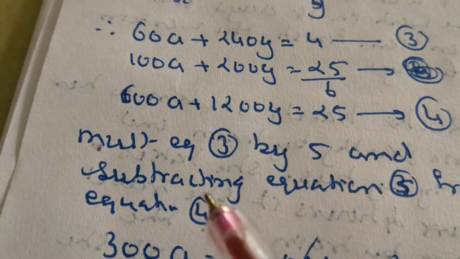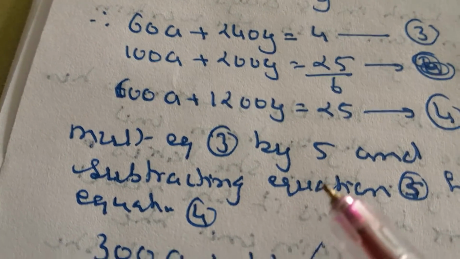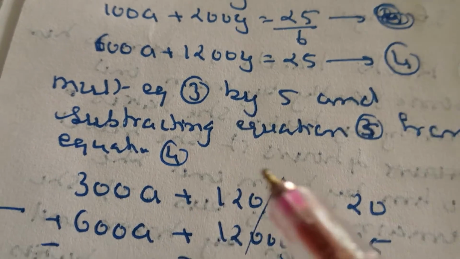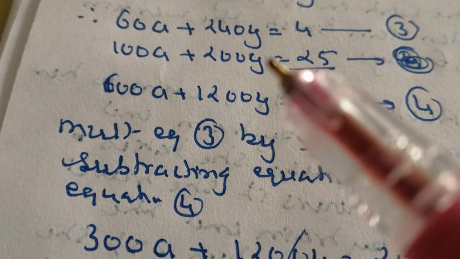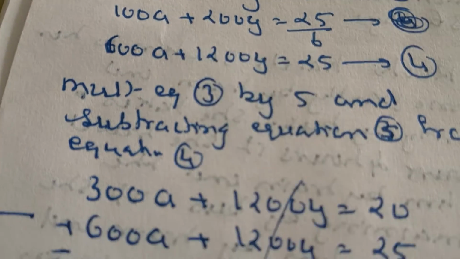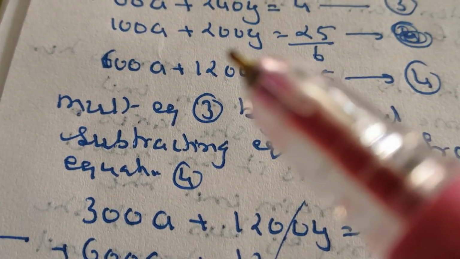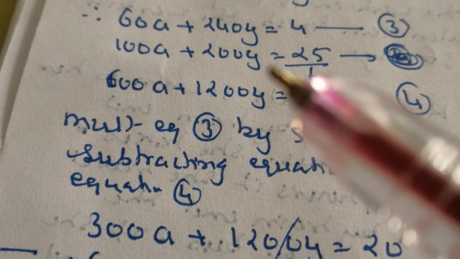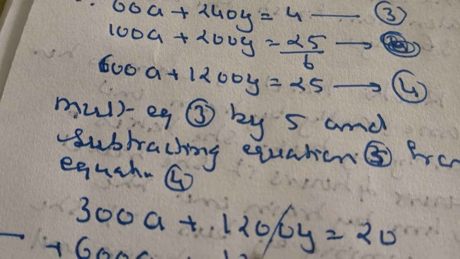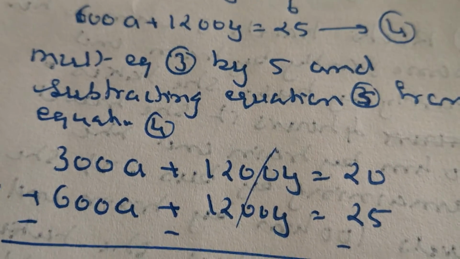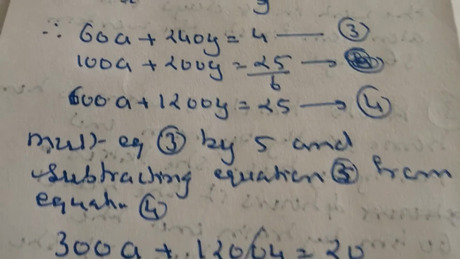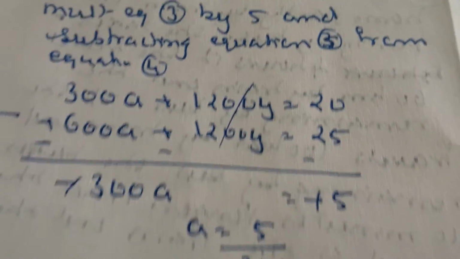Now multiplying equation 3 by 5 and subtracting equation 3 from equation 4. So multiplying equation 3 by 5, 5 6s are 300a. 5 into 240 is equal to 1200b is equal to multiplying 4 by 5, so 20.